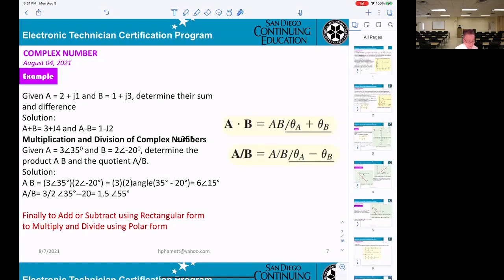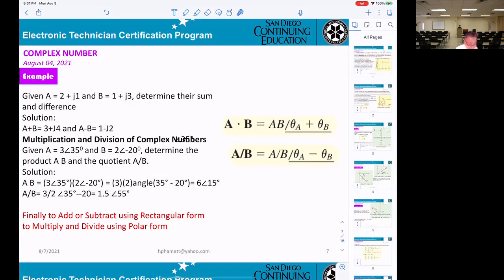Okay. Now, given A plus B is 3 plus j4, and A minus B is 1/2. Okay, so multiplication, division. Say A equals 3 at angle 35 degrees, and B equals 2 at minus 20 degrees.